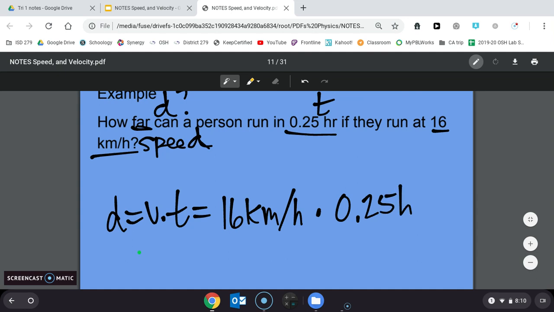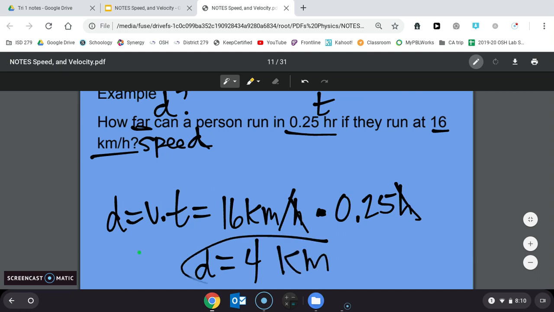And if you think back to what we just did, this was the math that we just did using the original equation. You end up doing the same thing. It's just, is there a step in between or not for the rearranging? So I still get a distance of 16 times 0.25 is 4. Kilometers per hour times hours is kilometers. I get the exact same answer.